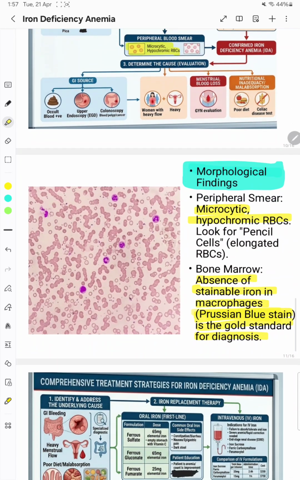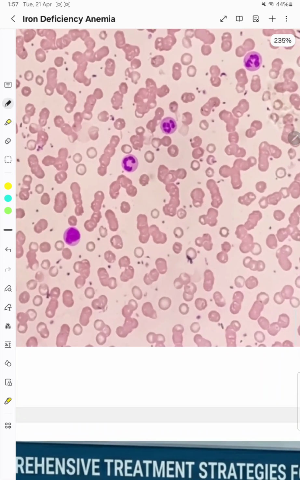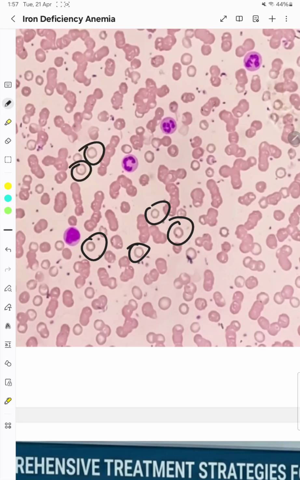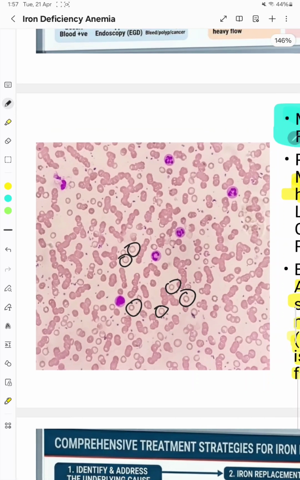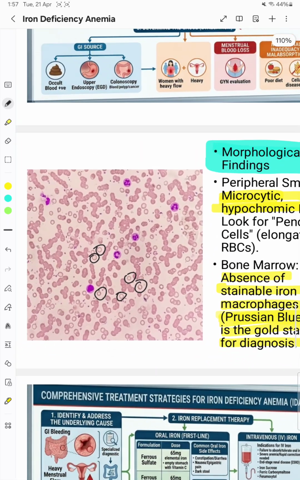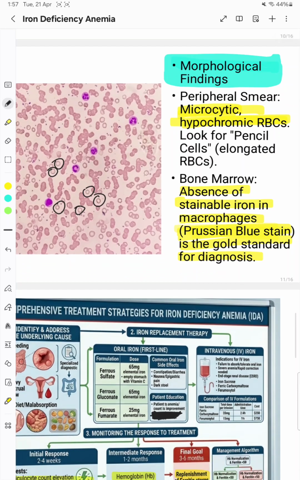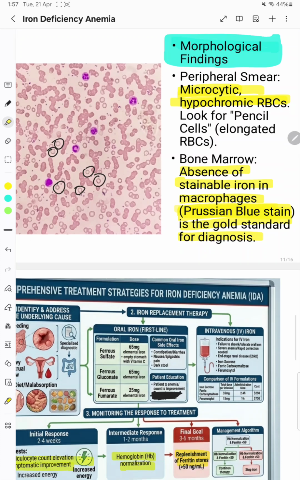On morphological examination, peripheral smear shows microcytic hypochromic cells. Like these are the microcytic hypochromic cells, smaller in size with increased pallor. On bone marrow examination, absence of stainable iron on Prussian blue stain is the gold standard for diagnosis.